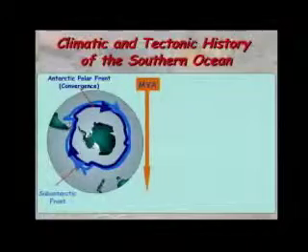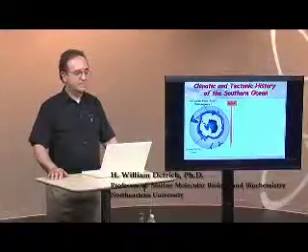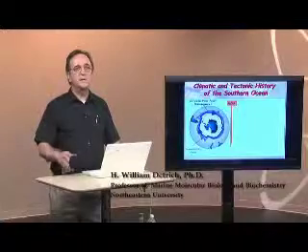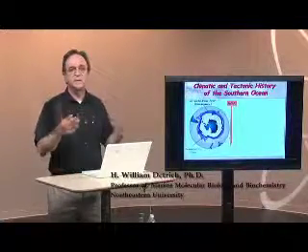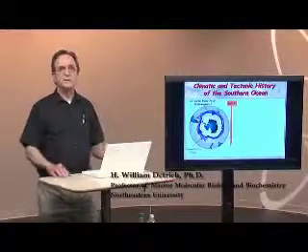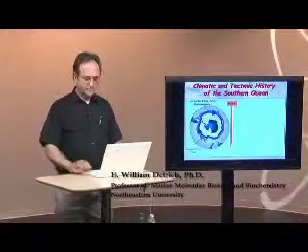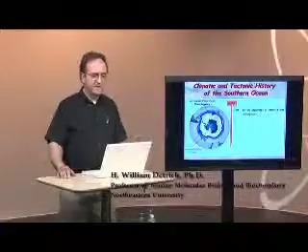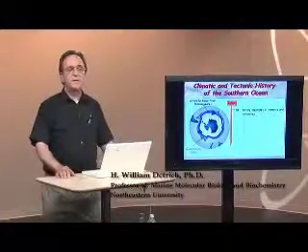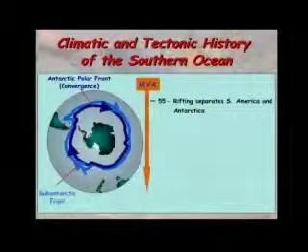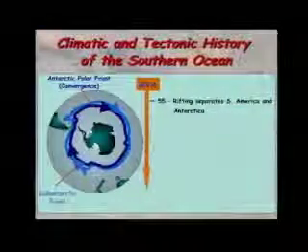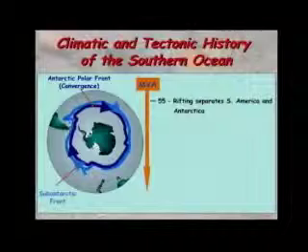Let's look at how the Antarctic evolved, how the continent became separated from other land masses, and how it ultimately became isolated in a very cold Southern Ocean. Well, about 55 million years ago, the connection between the peninsula of the Antarctic and the tip of South America began to break apart.